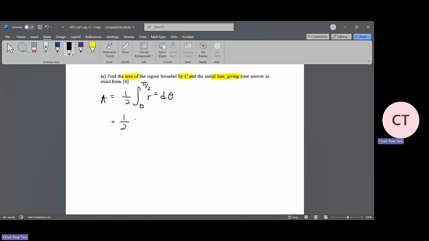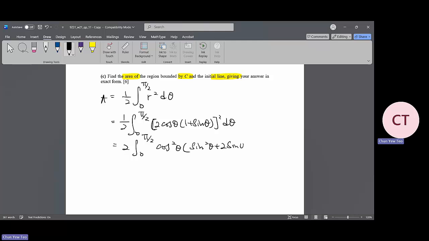So it's actually half, r is 2 cos theta, 1 plus the sine theta, squared, d theta. So if you expand them, then you will get 2 cos square theta sine square theta plus 2 sine theta plus 1.